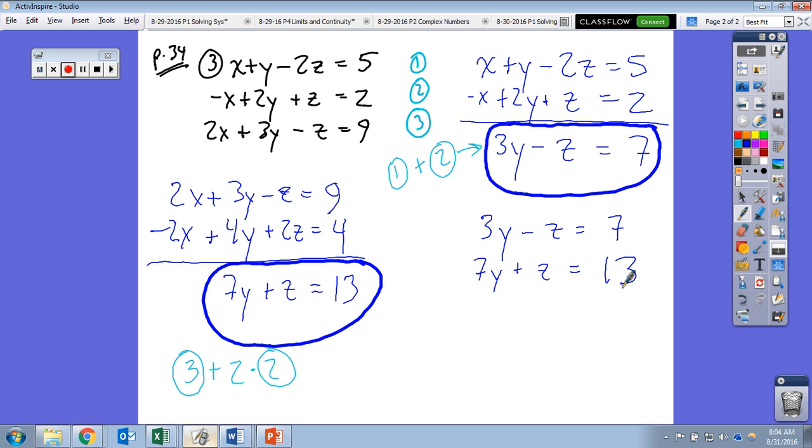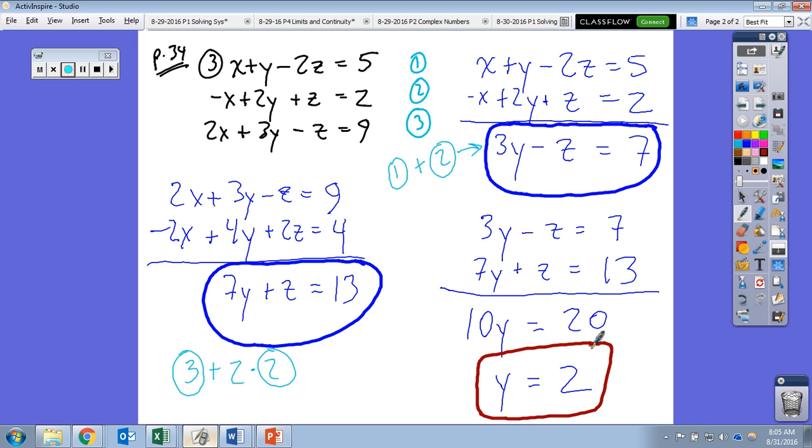It's pretty obvious what I'm going to do here. I'm going to eliminate the z's. They're already ready to go. Adding these up, I'm going to get 10y equals 20, giving me a y value equal to 2. I will circle this. That's one of our solutions, y equals 2.